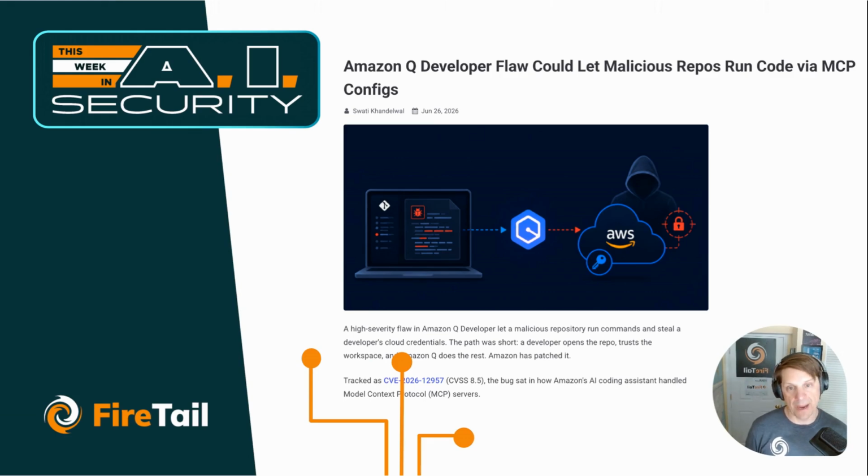We have talked about also malicious code repos that have been, let's say, compromised in various different ways. And what we have here is something reported by the team over at Wiz, who found that the Amazon Q tool auto loads a specific file called .amazonq/mcp.json from cloned repos.